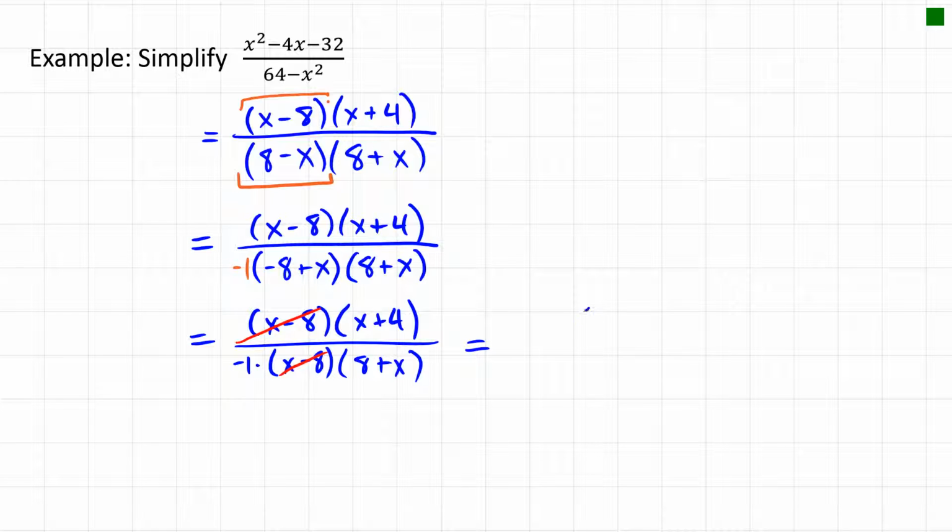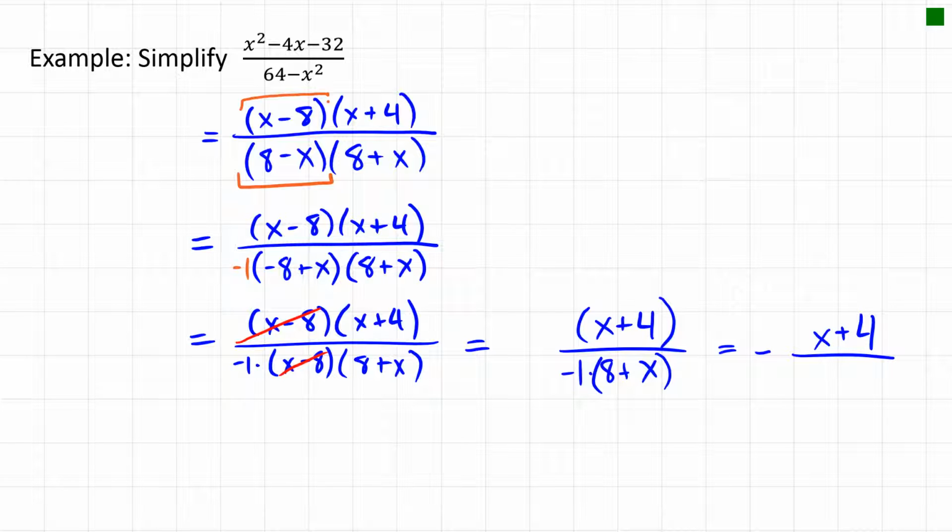That leaves me with x plus 4 over minus 1 times 8 plus x. That's not the nicest way. Just for your own interest, how you would usually write this as cleanly as possible to make your math teachers happy is put the negative outside of the fraction and drop any unnecessary brackets. And I'm also going to write the denominator as x plus 8 instead of 8 plus x, because usually we like to lead with the variables. So that's how you simplify that as nicely as possible.